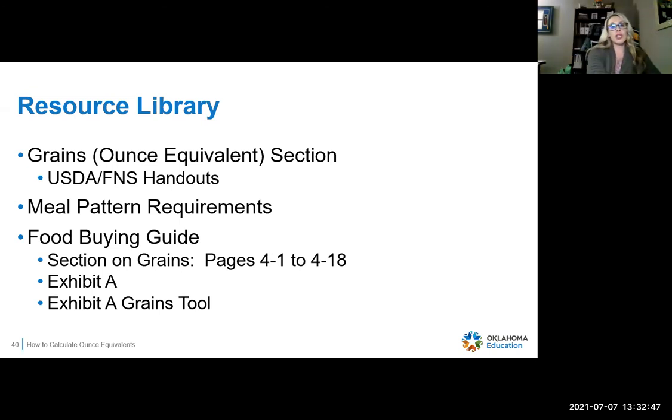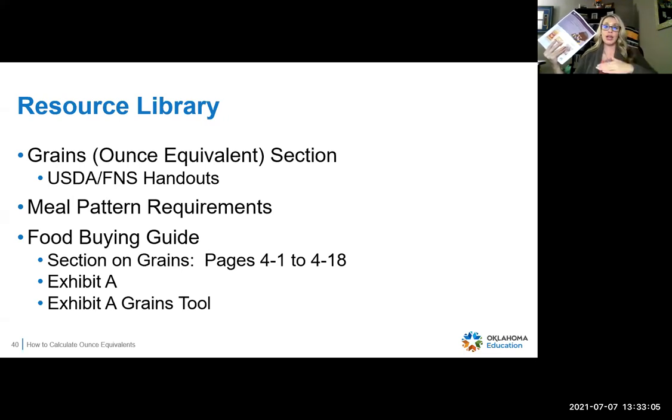So again, you're going to use the grain ounce equivalent section of these handouts, and they're all under meal pattern. If you want the whole packet, the slides and everything I sent this morning, that is under training.